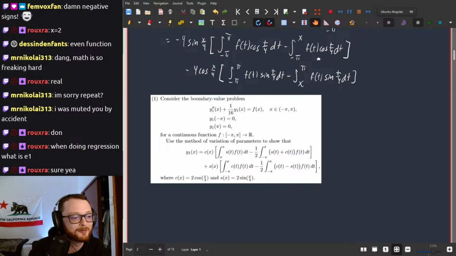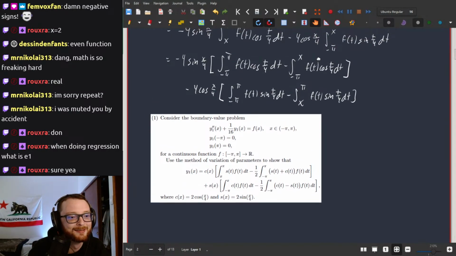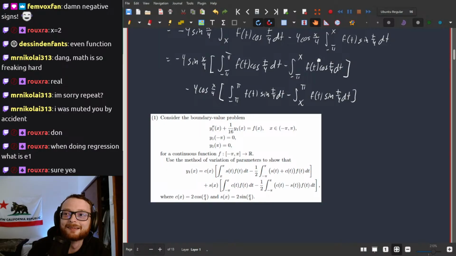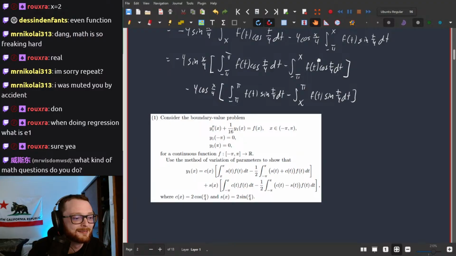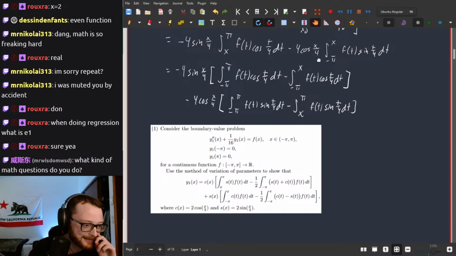Oh, it might be error. I don't know, I need to see the context. It could be a lot of things. E1. Yeah, I'm not sure what it would be. E1 is a little bit too big. If it was like R squared or R, I would know that. I don't know if E has a universal meaning.